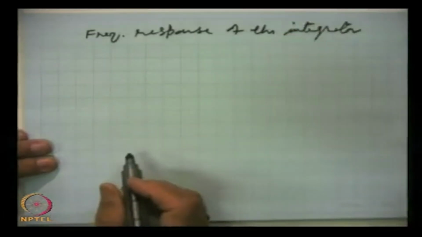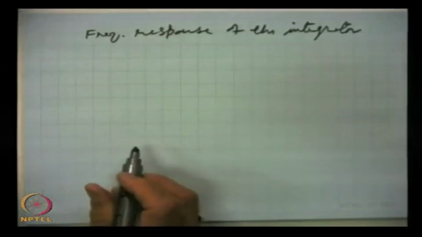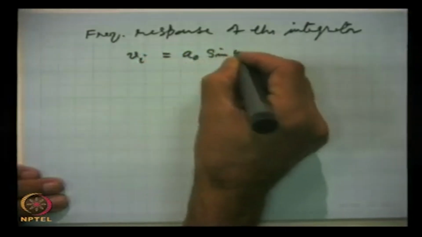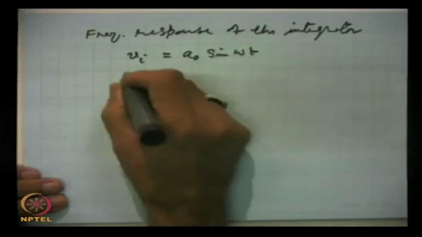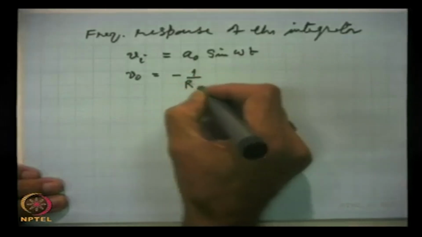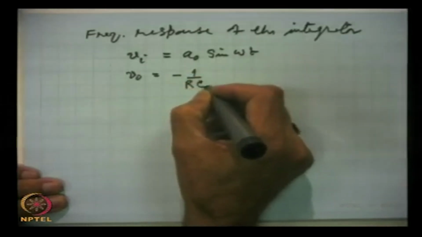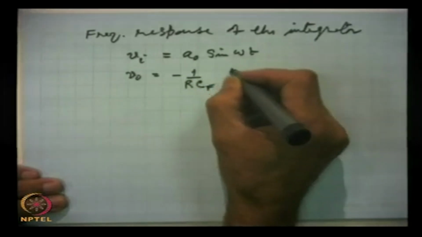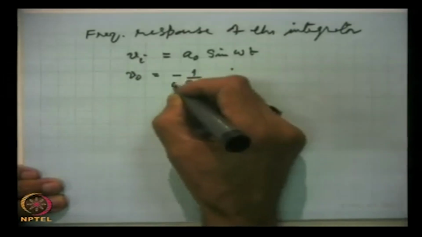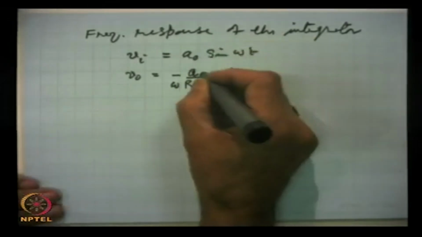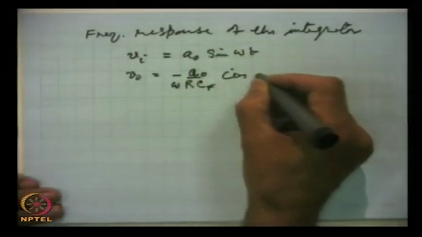If we take Vi, as we have done above, as A0 sin omega t, and V0 is minus 1 by R CF into the integral of this, which is A0 cos omega t divided by omega.